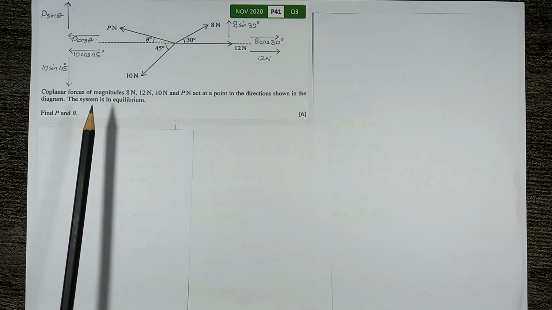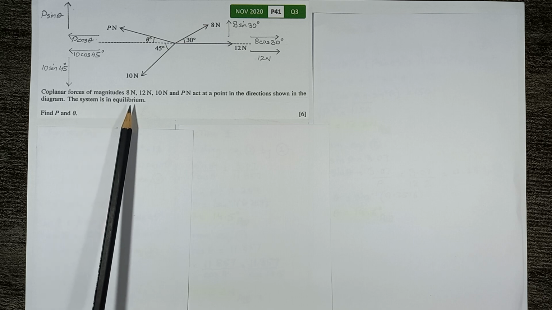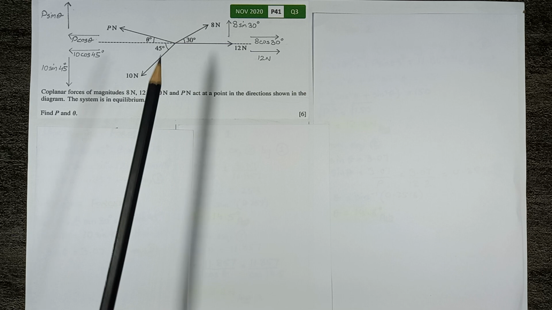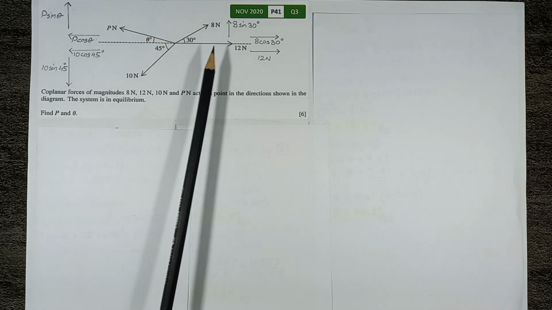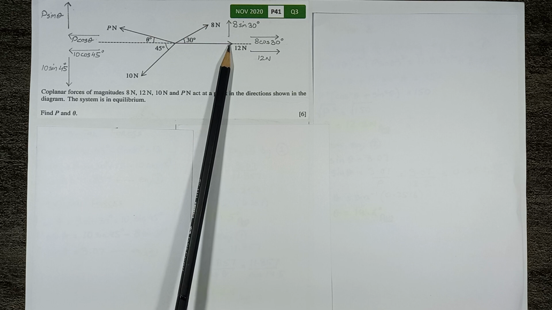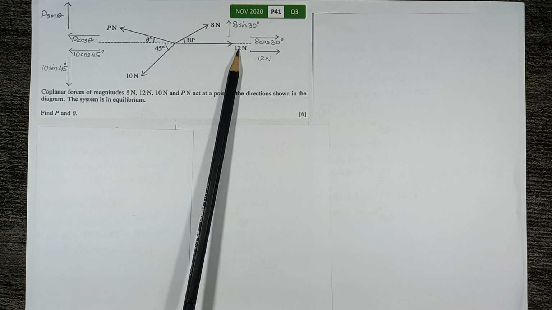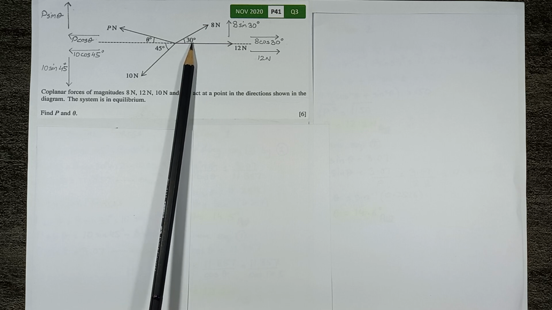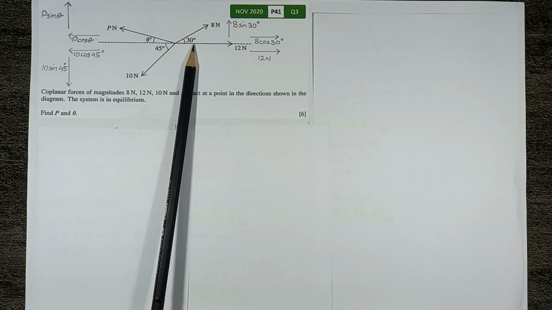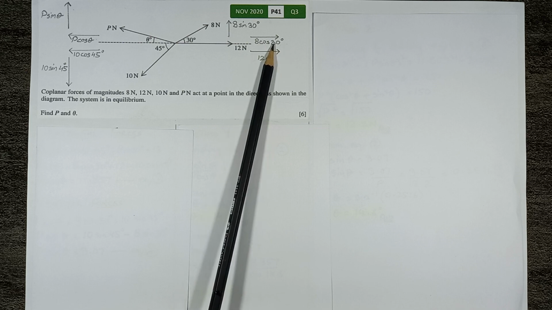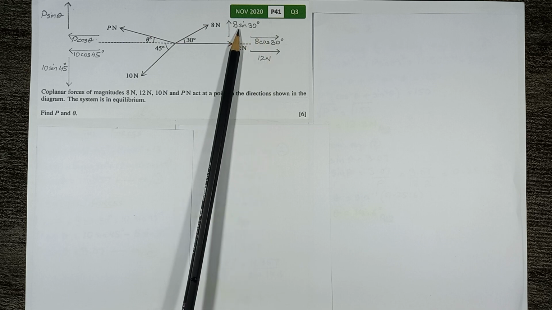Because the condition that they have given us is equilibrium, we have to split up the given forces into components. 12 Newton is purely a horizontal force, so there is no vertical component for this 12 Newton. For this 8 Newton with an angle of 30 degree with the x-axis, the horizontal component would be 8 cos 30 degree and the vertical component would be 8 sin 30 degree.